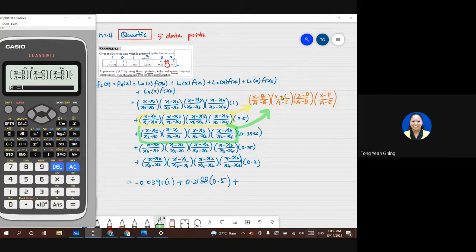Now b is x0, 1, and then a is x2, so x2 is 3, and then c is x1, so x1 is 2. Basically, this one is 4, and this one is 5. So you get negative 0.5469.